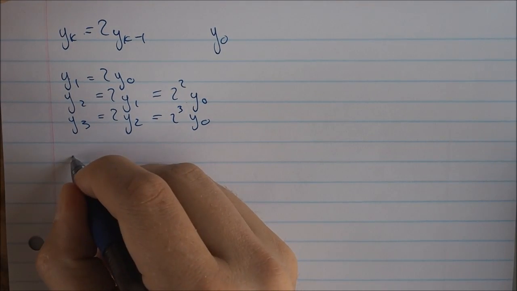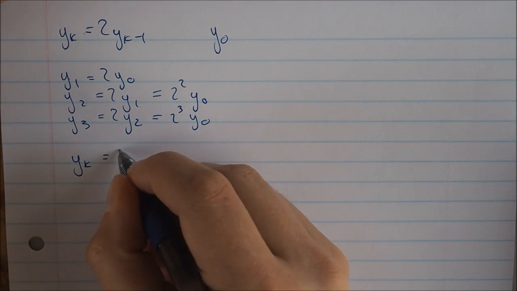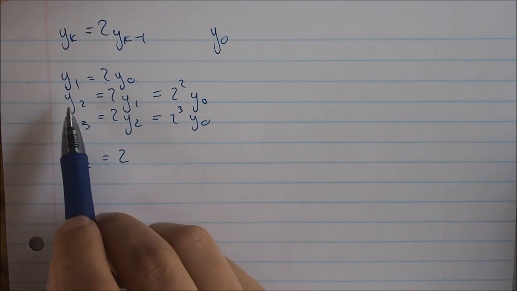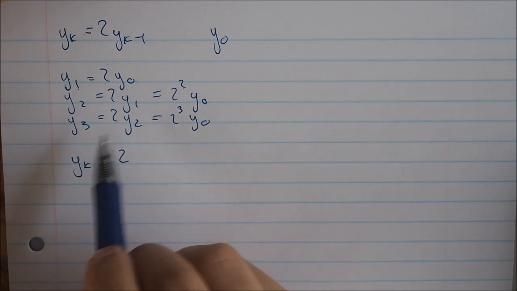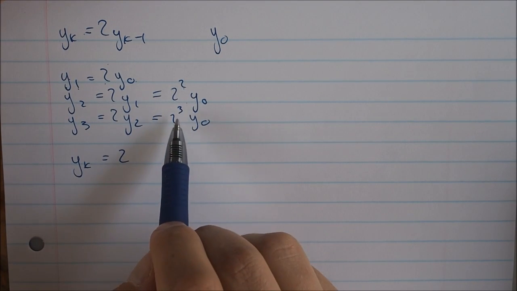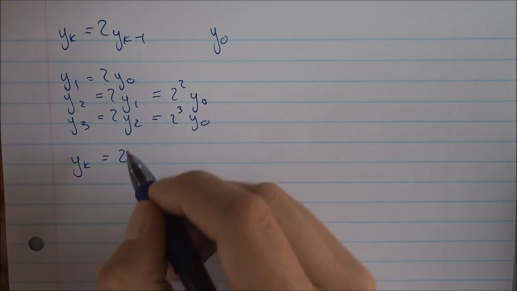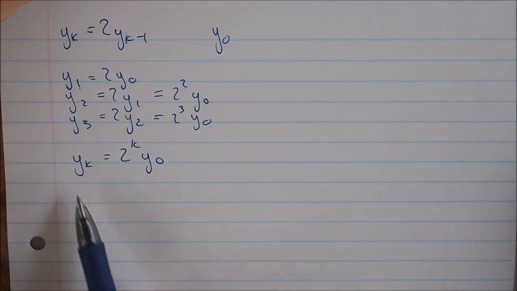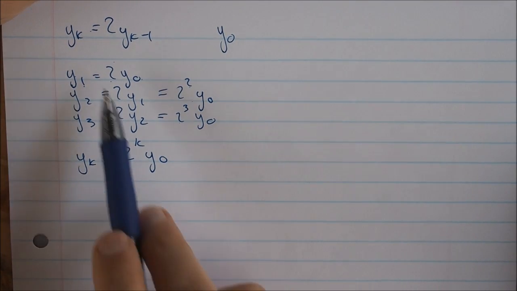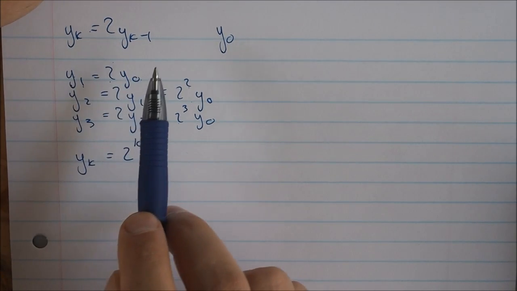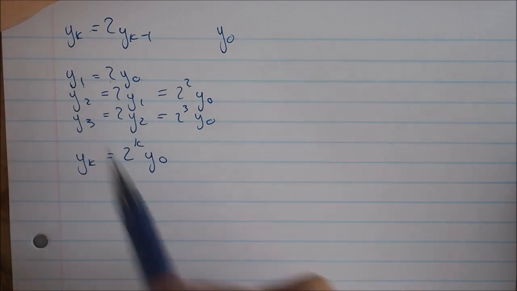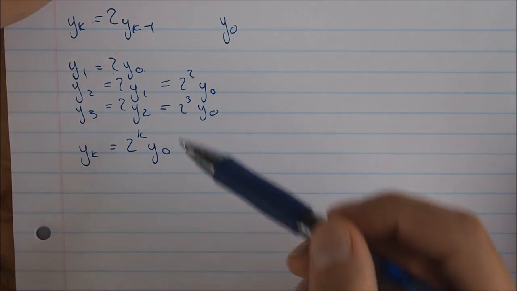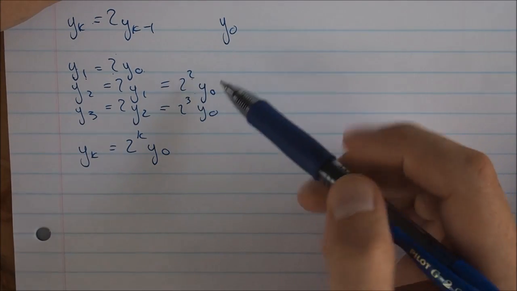So I see here y1 is equal to 2 to the 1 times y naught, y2 is equal to 2 to the 2 times y naught, y3 is equal to 2 to the 3 times y naught, so yk is going to be equal to 2 to the k times y naught. And this is exactly the solution you get if you calculate the characteristic equation and then write down the general solution that way. Okay, so this is an easy example, and you can see how this comes about.